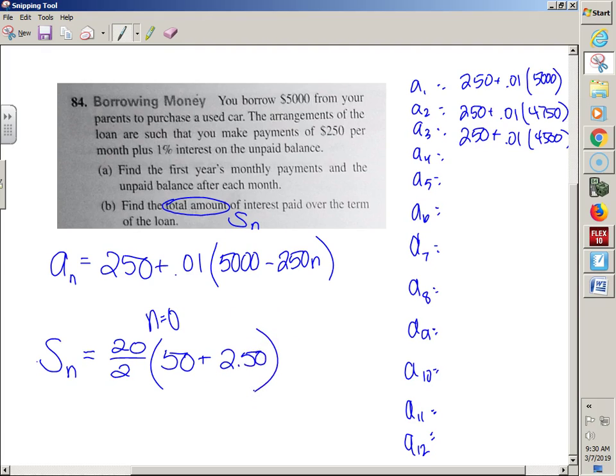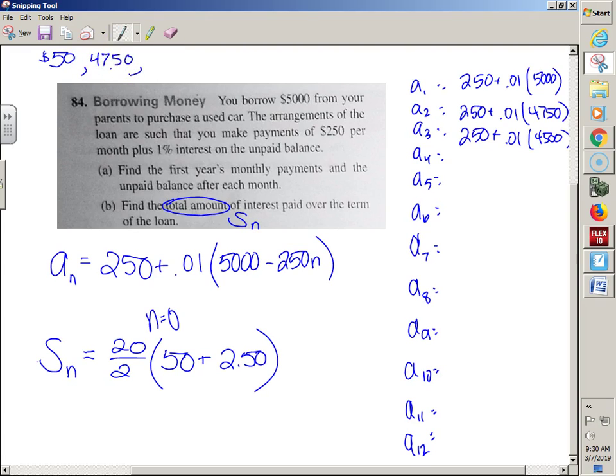Is that all we have to do? Or is it? Is your interest an arithmetic sequence? Yeah. Your interest the first month, $50, right? 1% of 5,000. What was your interest the second month? $47.50, right?